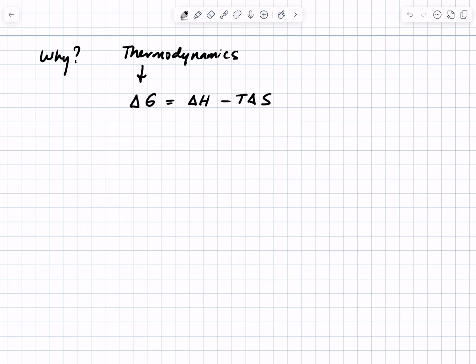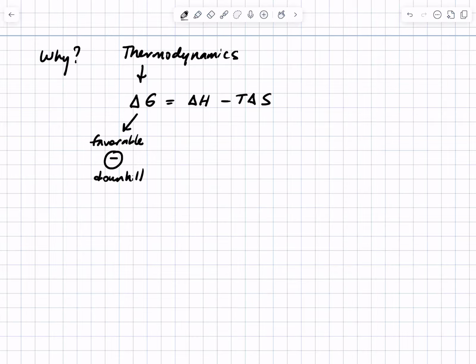So delta G is free energy. Processes that are favorable have free energy changes that are negative. Or in other words, we will call it downhill. So we want to develop some sort of predictive tools to be able to have a sense for whether a reaction is going to be downhill or not.